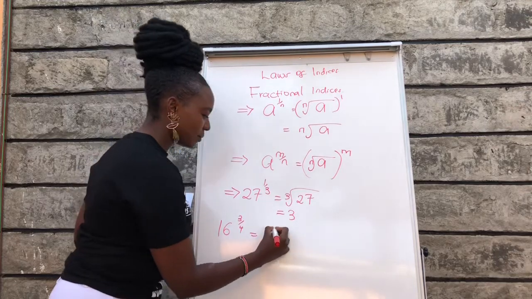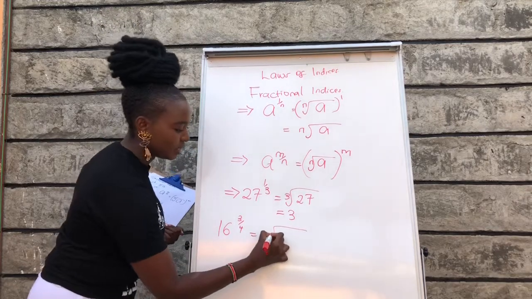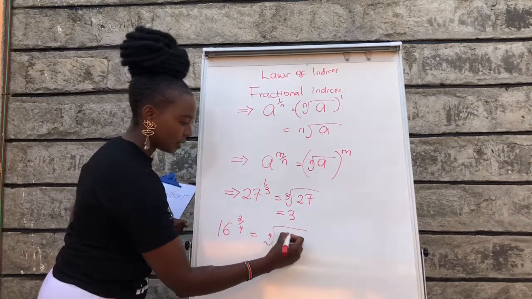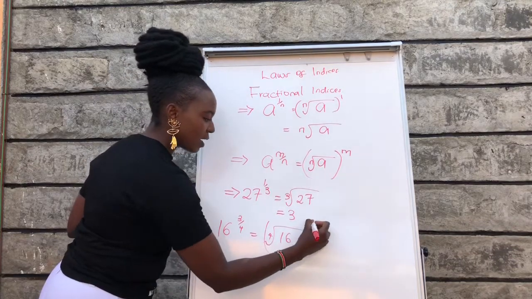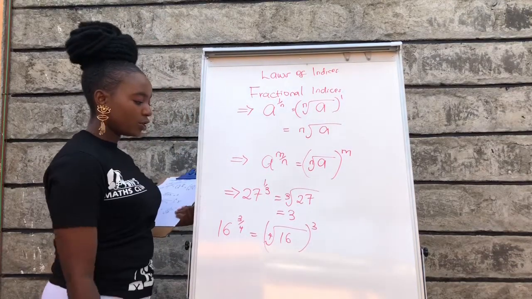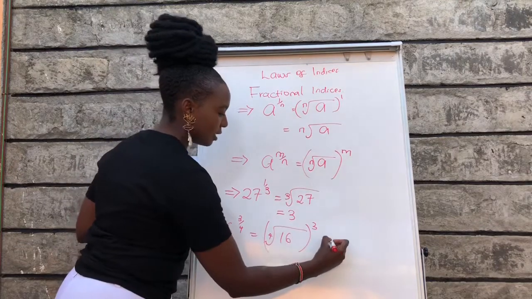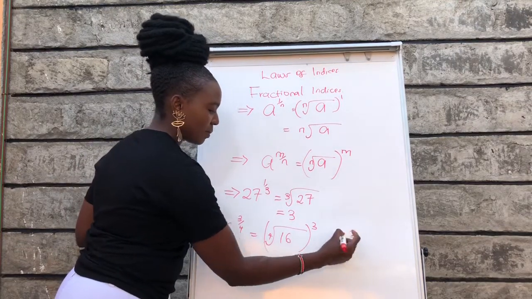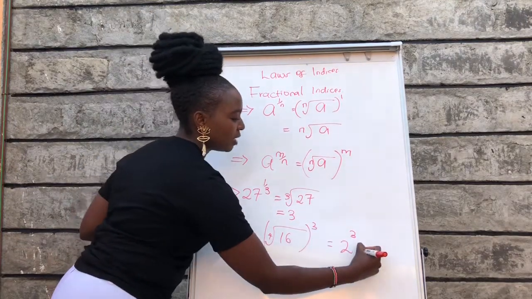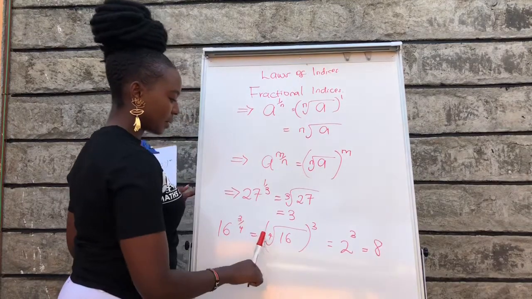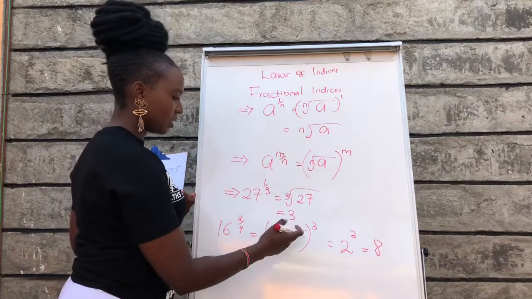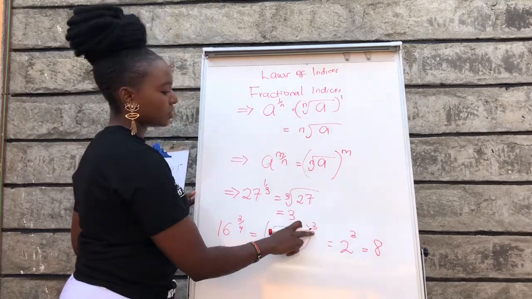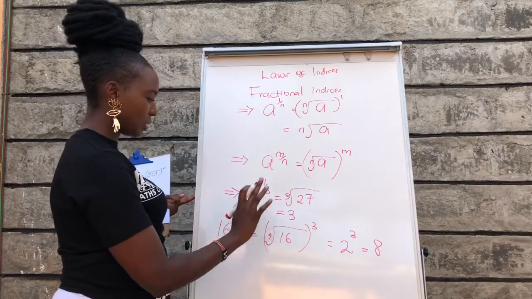So this becomes, the denominator is the root here, and inside we have 16 and we have it raised to 3. So when you do this inside, it gives you 2. Remember, raised to power 3, it becomes 8. The fourth root of 16 gives you 2, then raised to power 3. So this is how you need to calculate it.